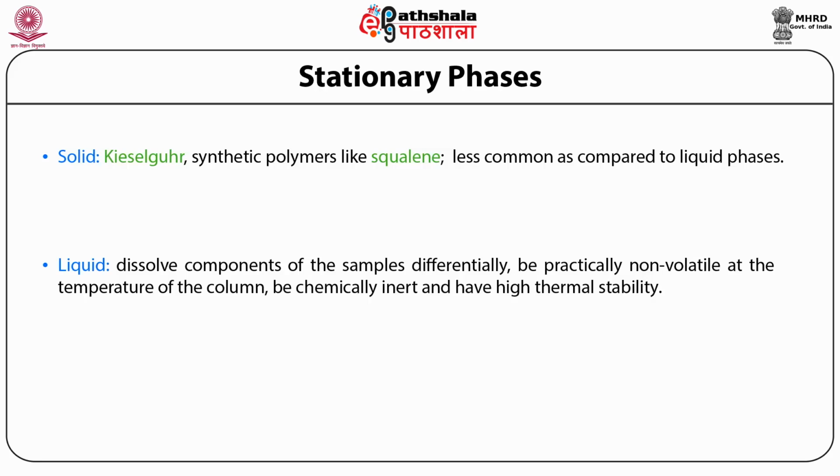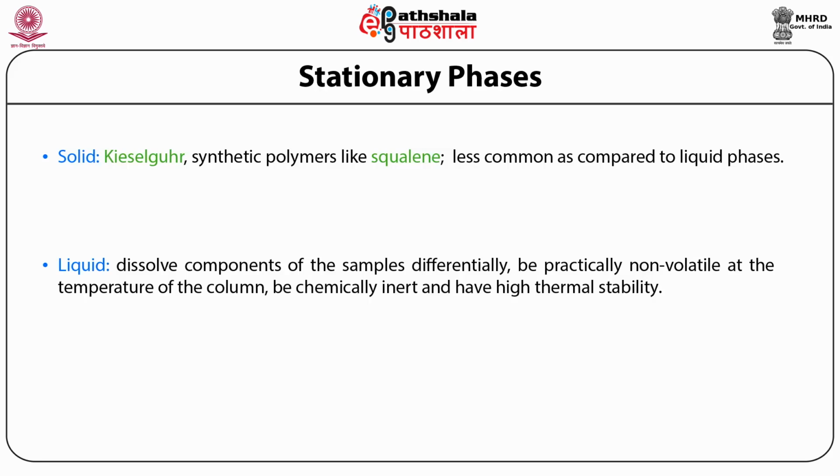In addition, it is also supposed to be chemically inert and have high thermal stability. However, all these factors like chemical inertness and high thermal stability are not always present, because of certain conditions such as maybe exposure to oxygen at higher temperatures or even at room temperatures. These columns, even when the liquid phase is inert and has high stability, will show some reactivity, leading again, as I said, to column bleed.